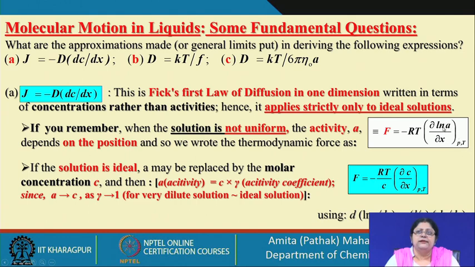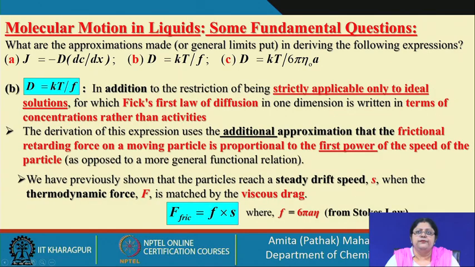And we had taken this approximation that we replace this activity in terms of the molar concentration for the conditions when the solution is very dilute, and if the solution is very dilute, we say that it is behaving ideally, and we replace the activity in terms of the concentration, with activity coefficients being 1. So, the activity could be replaced by concentration only when the activity coefficients tend to 1 under very dilute or ideal conditions. This is the concentration term which we had written.